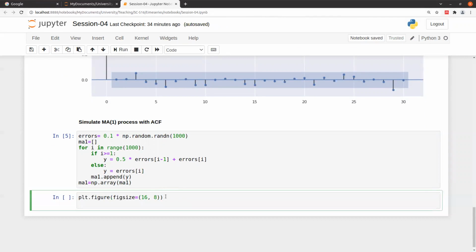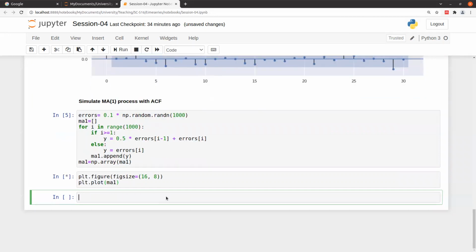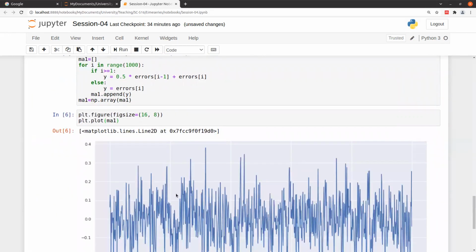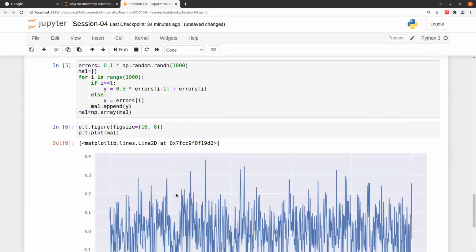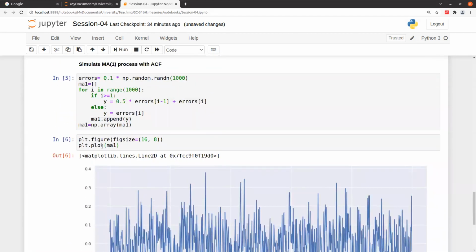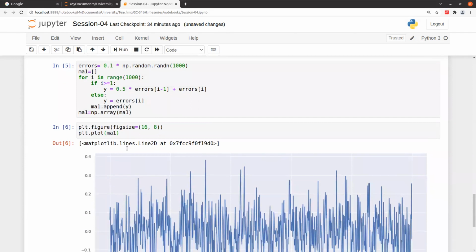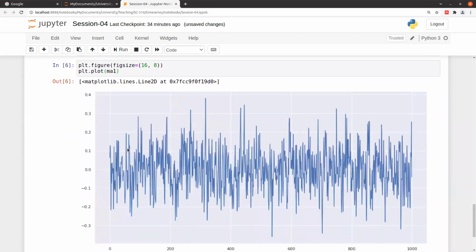Okay, then I'm going to plot it. Let's see. So I just plot MA1 first. Just want to see what it looks like, right?